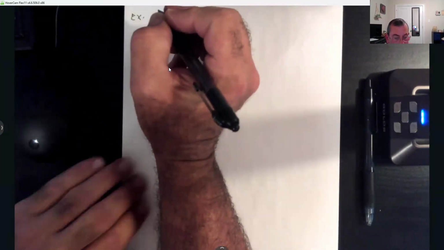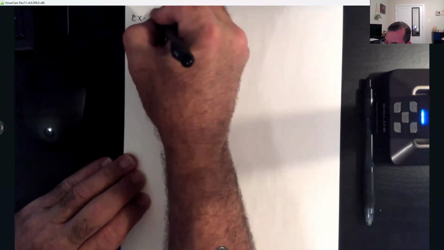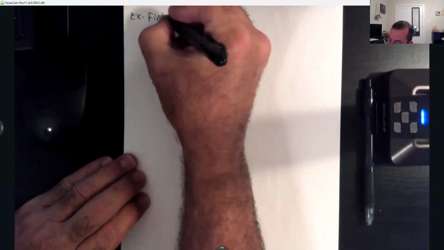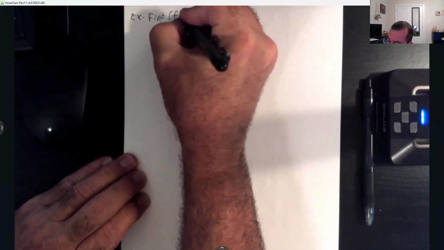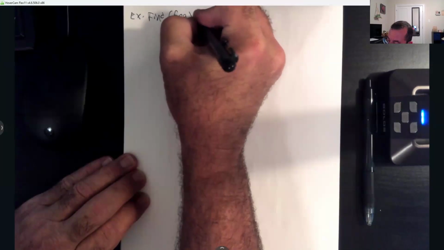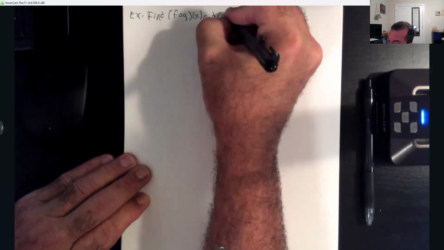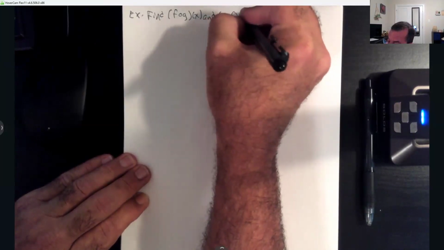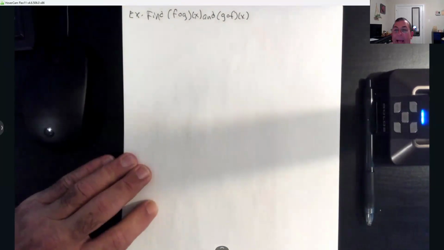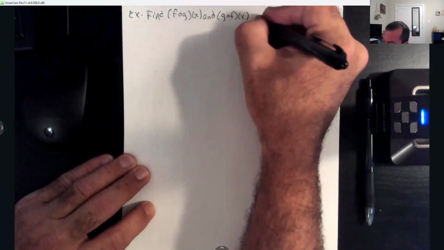All right, y'all. So for this example, they're going to turn it up a little bit. On these examples, we're going to find f compose g of x and g compose f of x, and the domain of each.